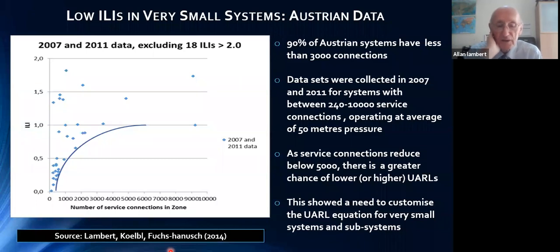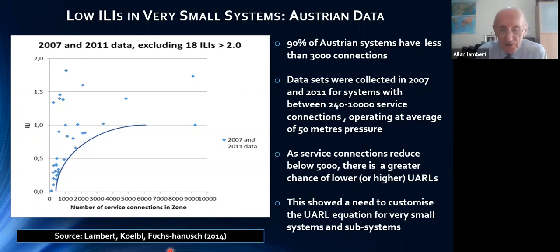It has a median pressure of 50 meters. The graph shows that a system size for below about 5,000 service connections, there's a greater scatter in the ILIs. In other words, that they can be much lower or much higher than 1. And a steep reduction in minimum ILIs as the system size reduces below around 3,000 service connections.